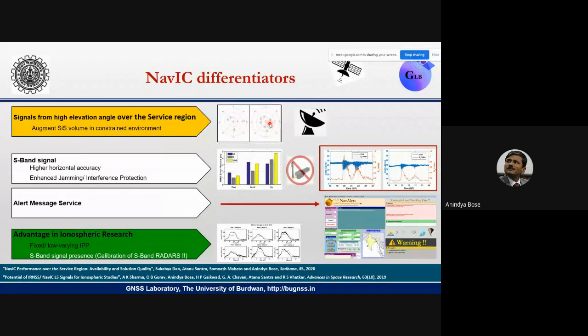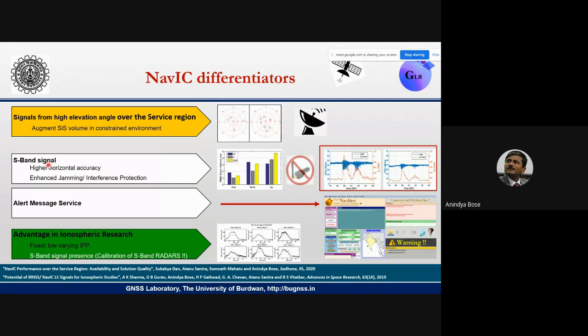So it ensures the use of GNSS, say GPS plus NavIC, GLONASS plus NavIC, Galileo plus NavIC. It ensures that the problem of not getting enough satellites would never be there.